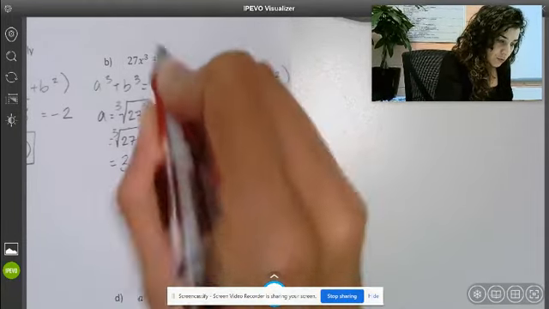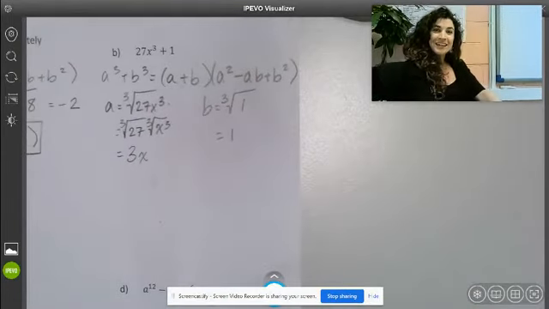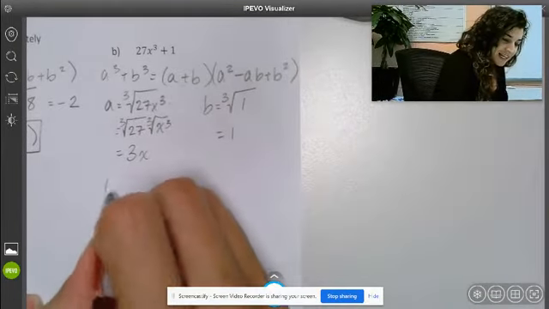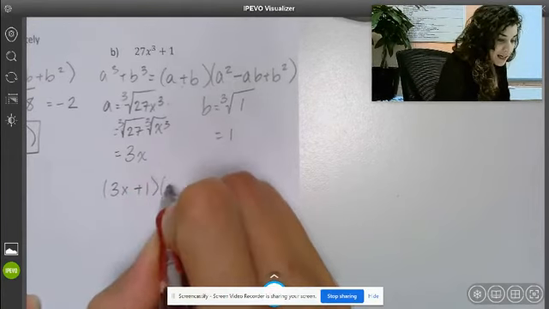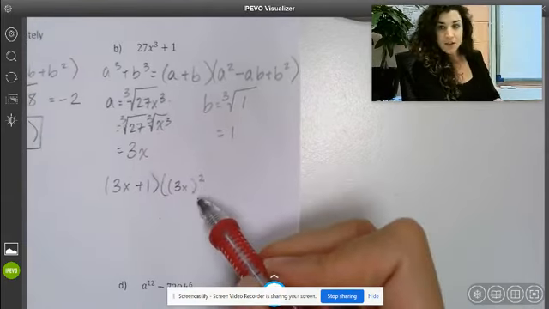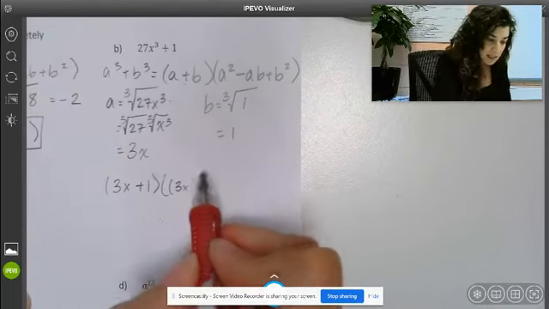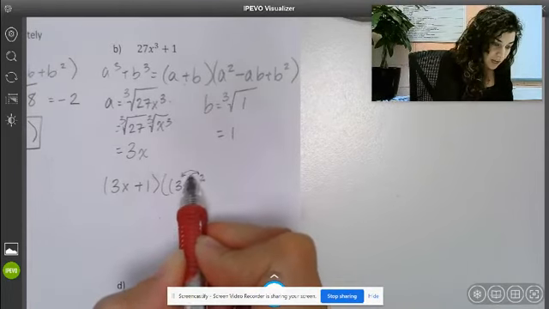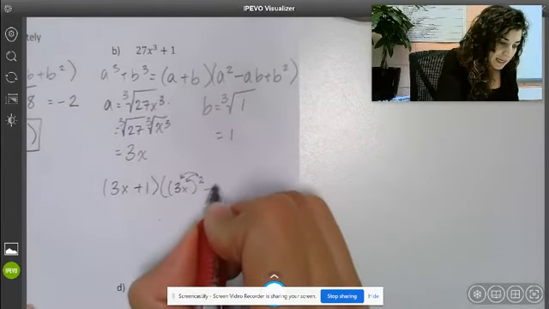B is equal to the cubed root of 1, which is 1. Plugging it back into my formula, I get 3x plus 1 times, and now be really careful here because that's that whole a term squared. So it's going to be 3x squared in parentheses. Don't forget that the squared has to go to both of those pieces.